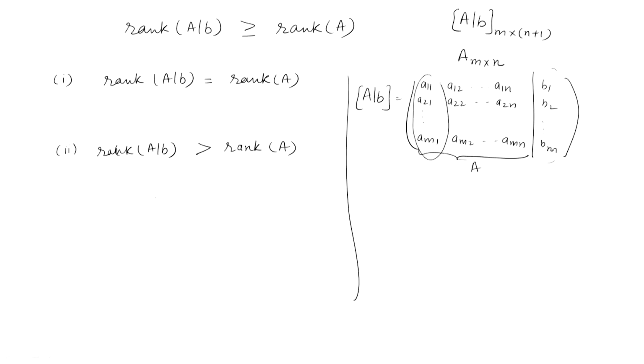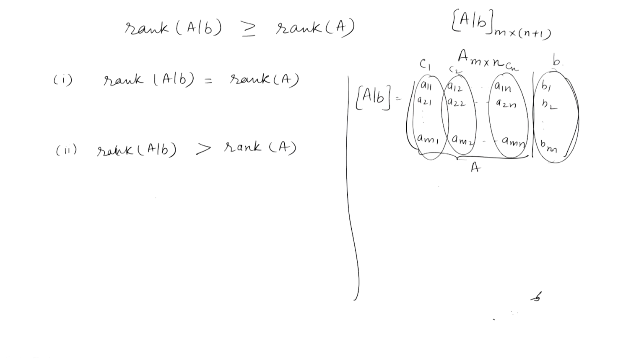If we take this as column 1, this as column 2 and this as column n, and this vector as B, and we know that the rank of the A matrix is the same as the rank of the entire matrix, then this vector B can be expressed as a linear combination of the vectors C1, C2 up to Cn.